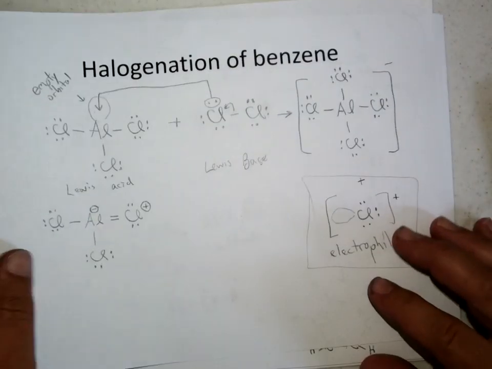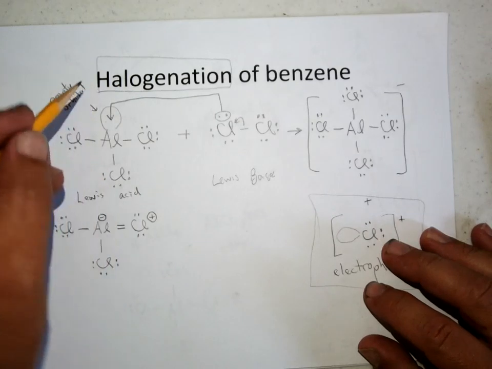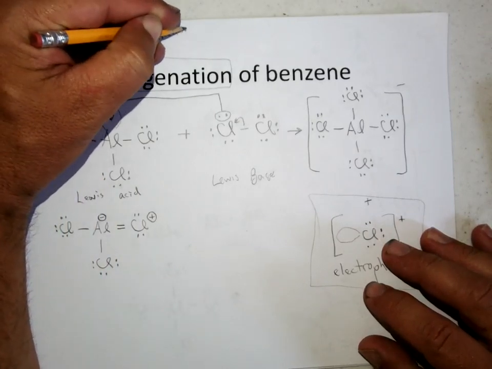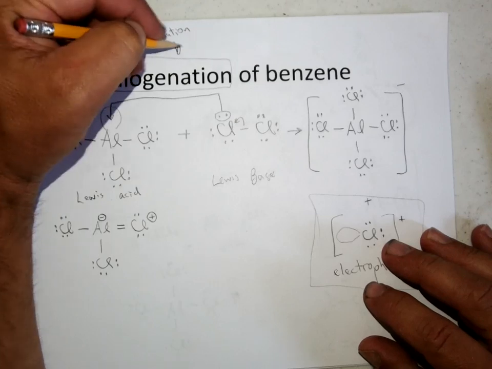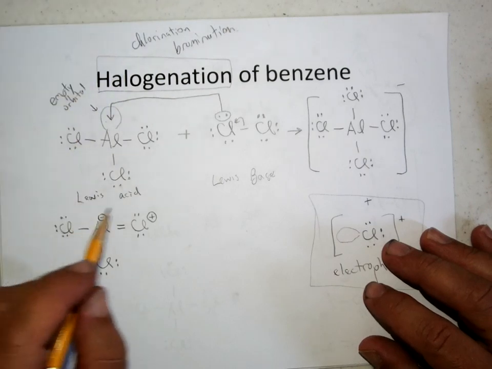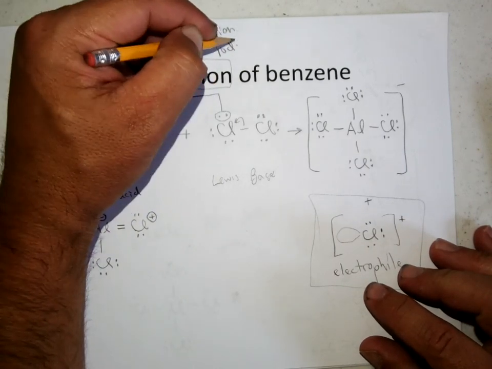The other thing that's important here is this is a general reaction. So the halogenation can be a chlorination, like we just showed. It could be a bromination if we used aluminum bromide and bromine, and it could be an iodination.